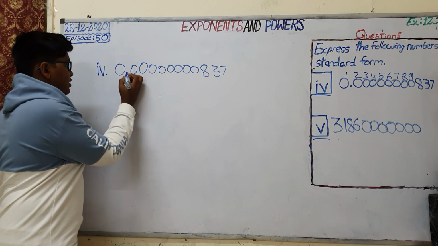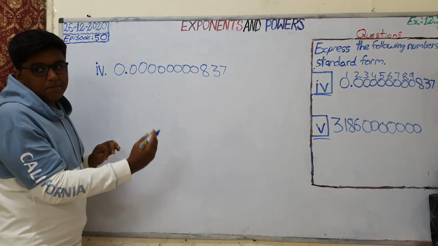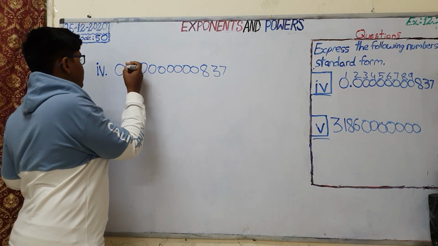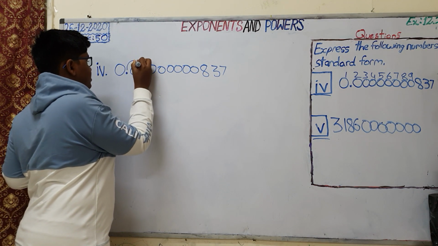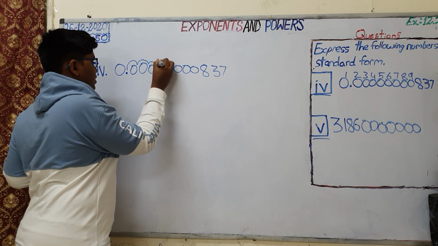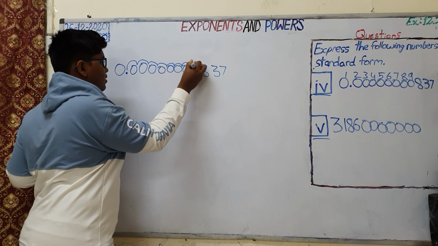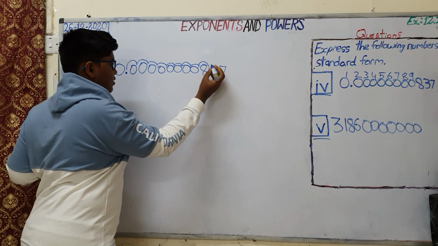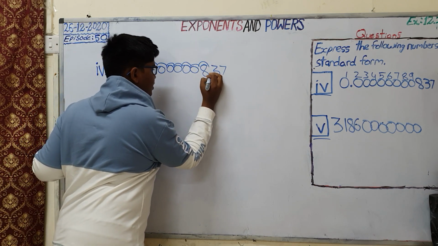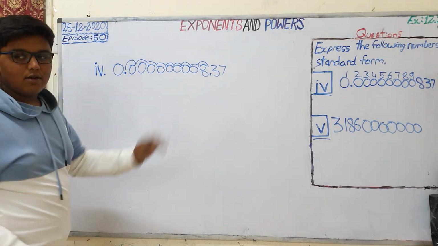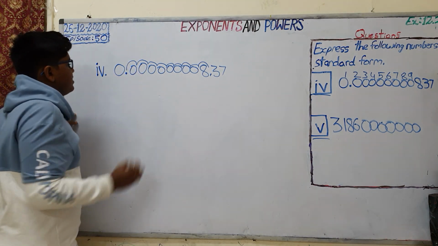We'll take 9 places after the decimal point here: 1, 2, 3, 4, 5, 6, 7, 8, 9. So we'll put the decimal point here, but after cancelling all these zeros. So first cancel all these zeros.